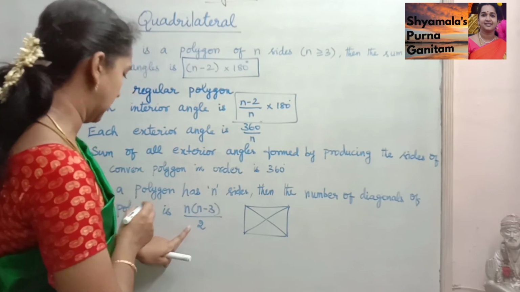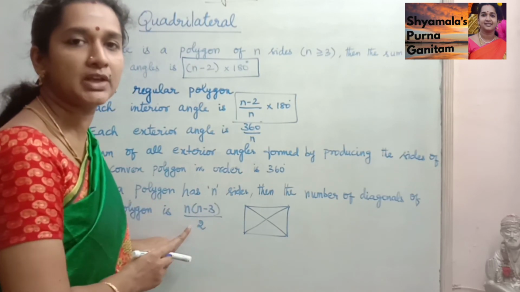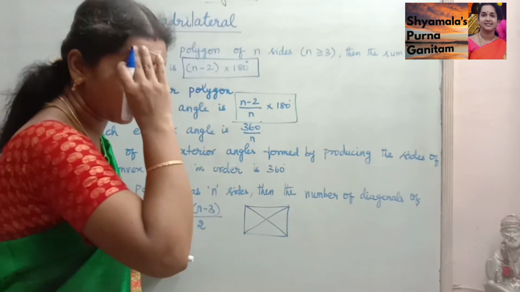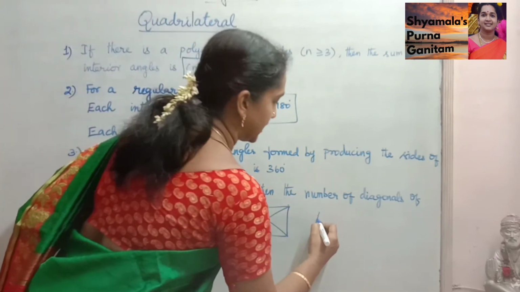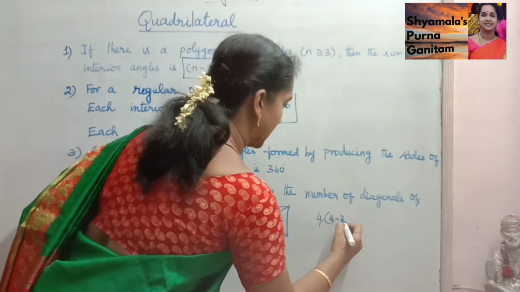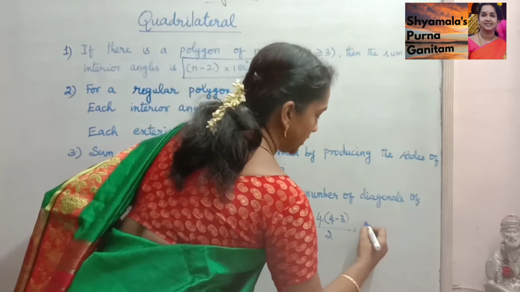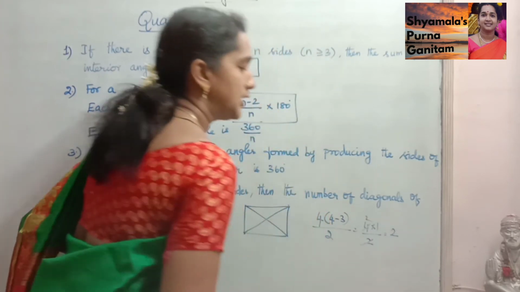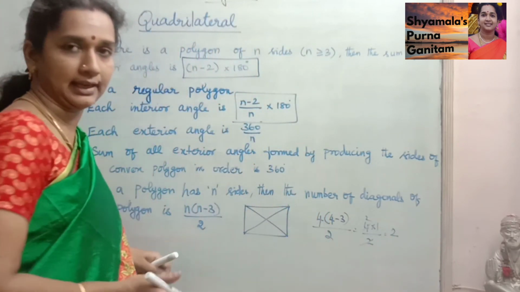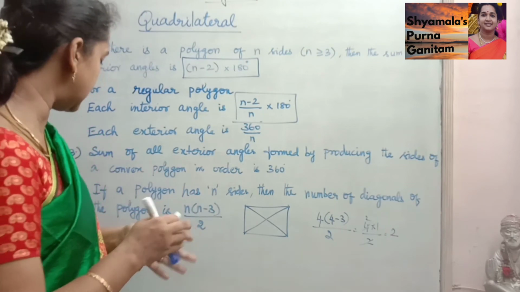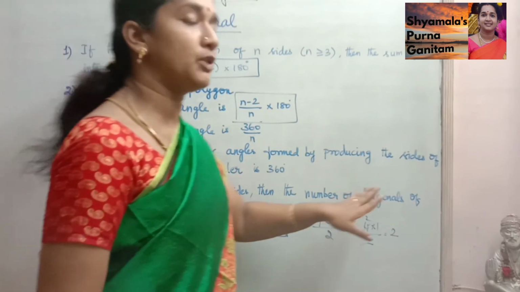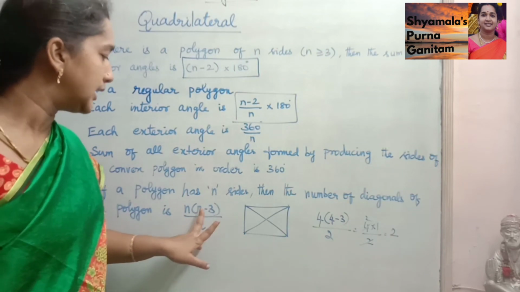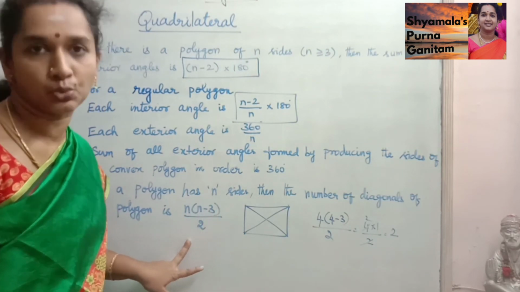Let us check: the number of sides is 4, so 4 into 4 minus 3 by 2. This is 4 into 1 by 2, and when we cancel, we get 2 diagonals. Like this, we calculate the number of diagonals using the formula n into (n minus 3) by 2.